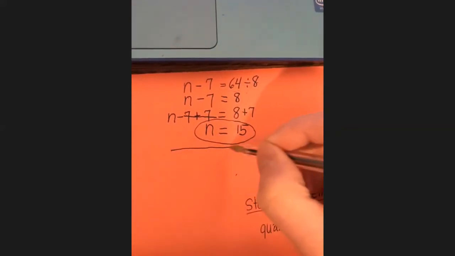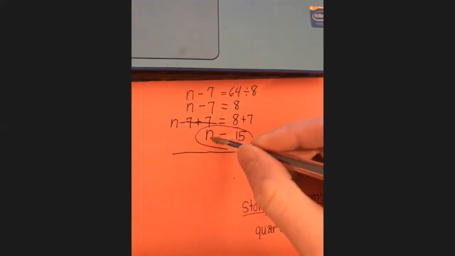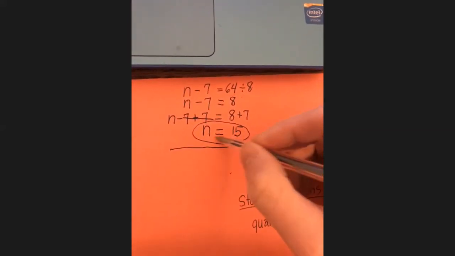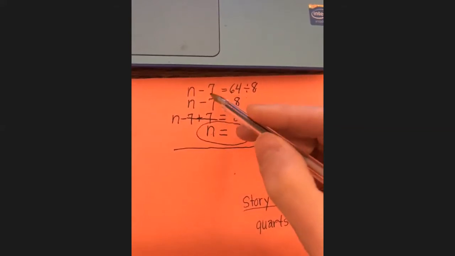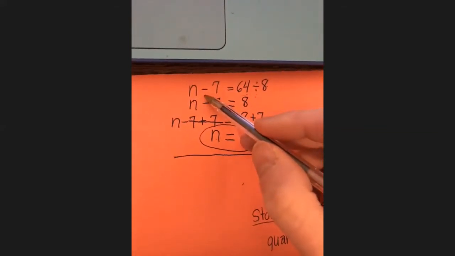I'm going to draw a line there, and I'm going to put 15 wherever I see n in the original equation.